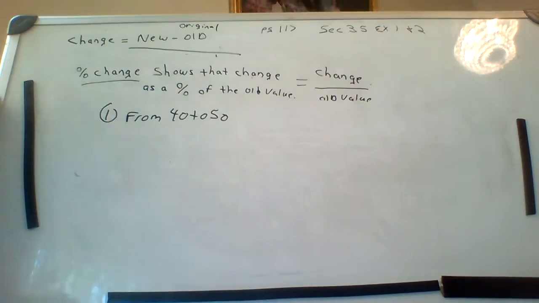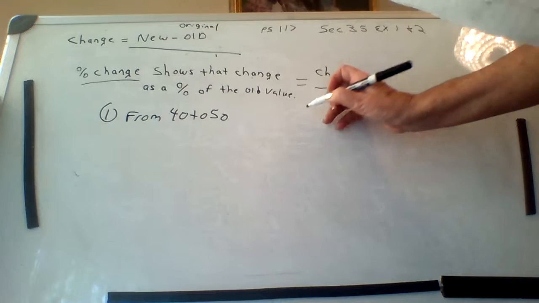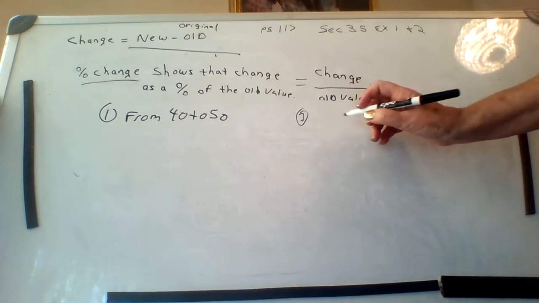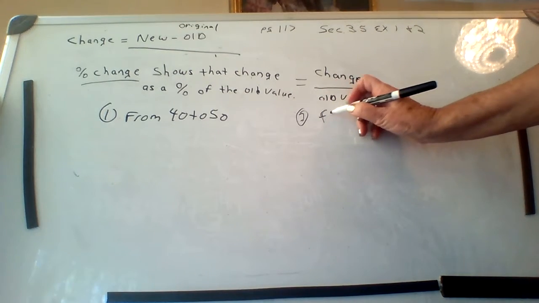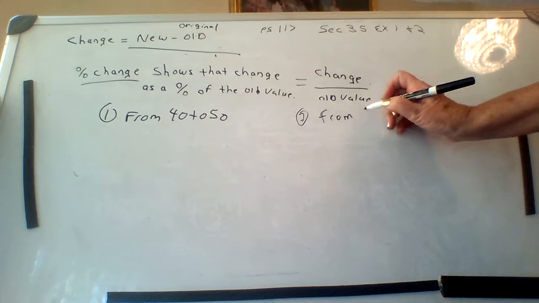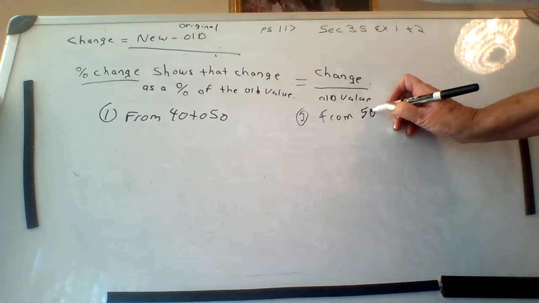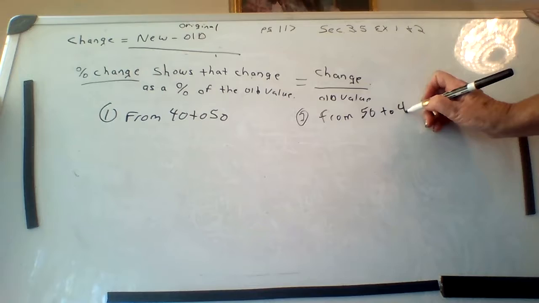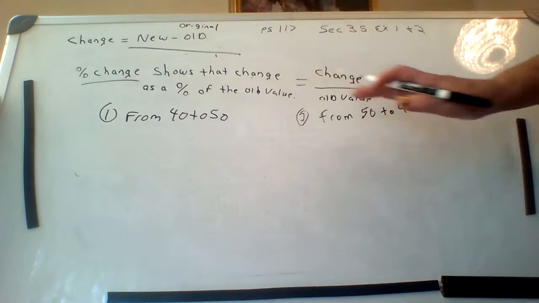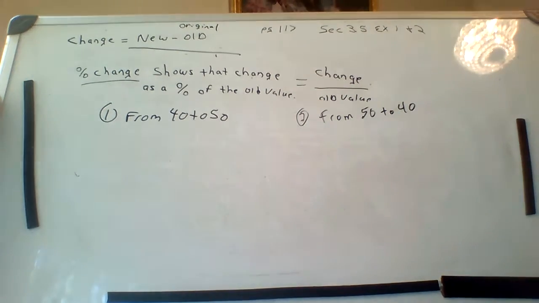And the second problem, so go ahead and do both, is I want you to find the percent change from 50 to 40. So go ahead and work these problems and then come back and see if we've got the same percent that I did.